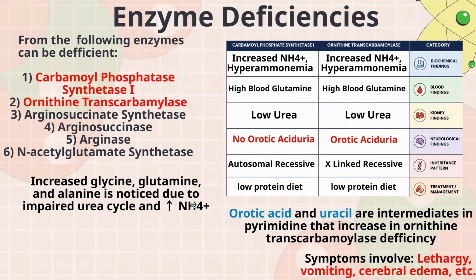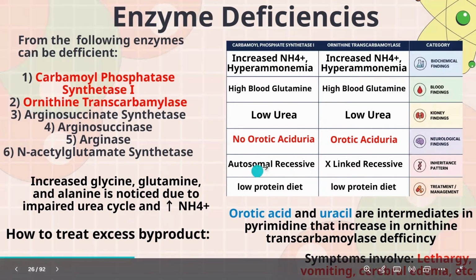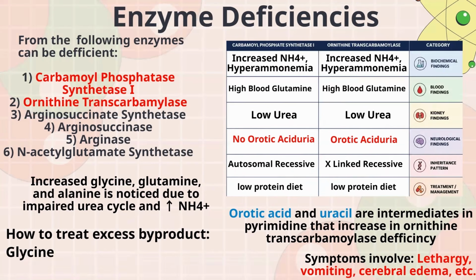Now, how do we treat increased glycine and glutamine? If you want to treat the patient, apart from a low protein diet, we need to treat their excess glycine and glutamine, and this is done by two very important things. Glycine is treated by benzoate, which converts it to hippurate, so you don't have an excess amount.